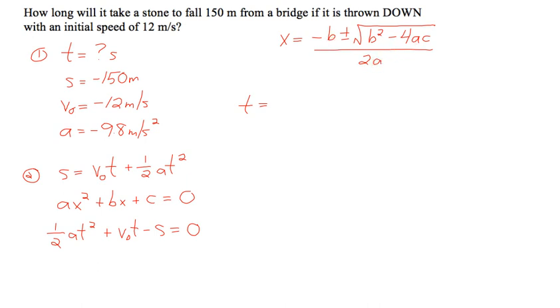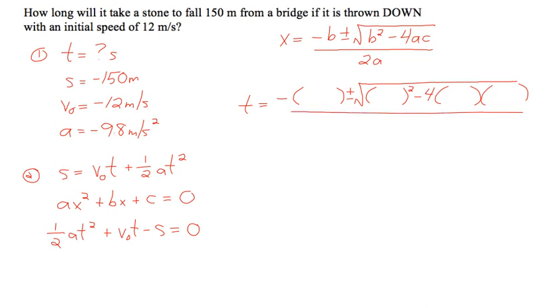So I'm going to use minus parentheses plus or minus the square root of parentheses squared minus 4 parentheses all over 2 parentheses. And like I said, put the parentheses in first because there's reasons for that.